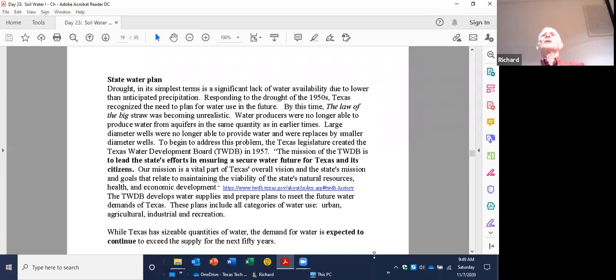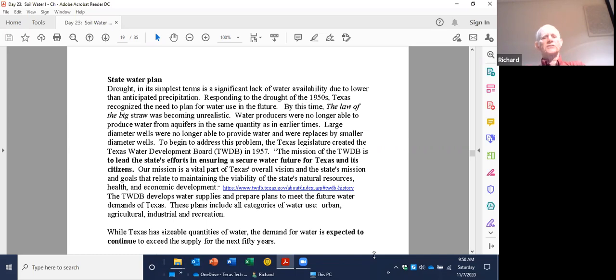Because of that example I mentioned of the straw, they could not pull water through a 12-inch column. They were sucking air. And so at this time, the law of the big straw became totally false because they could not pump enough water.